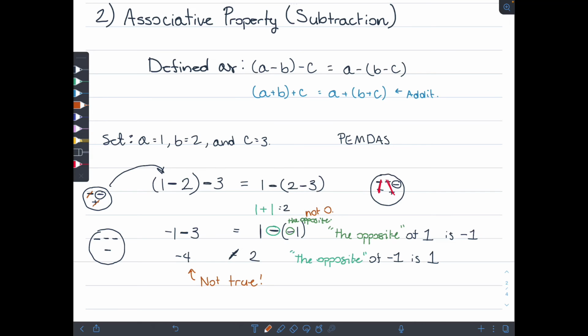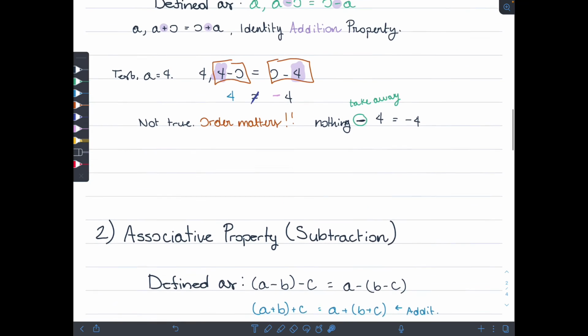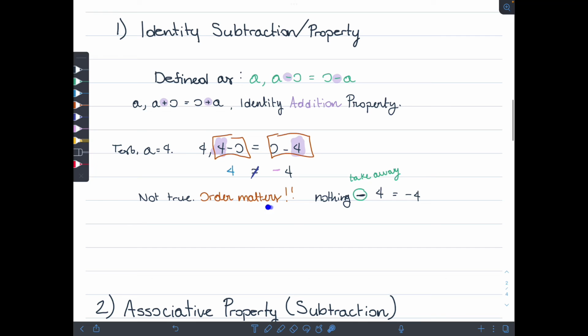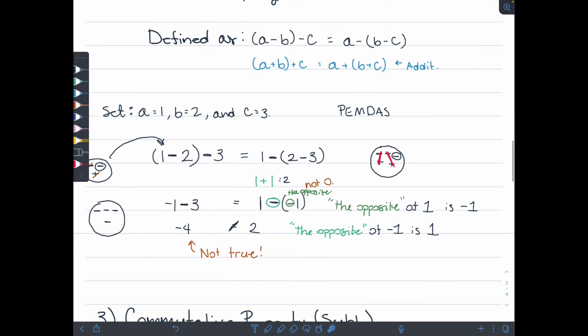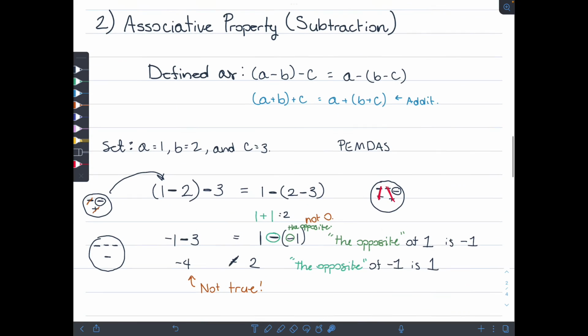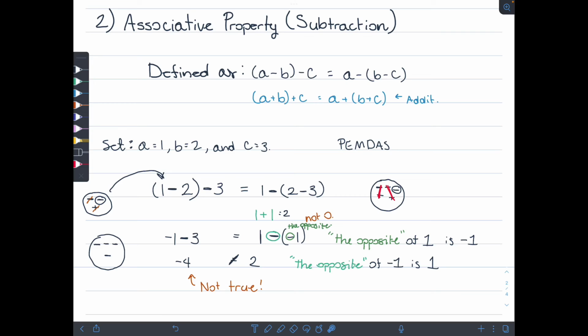Why? Well, remember last identity property, we just said order matters. Where you place the minus sign in the numbers matters, be it in front of it or behind it. So here, it's not true because order matters.